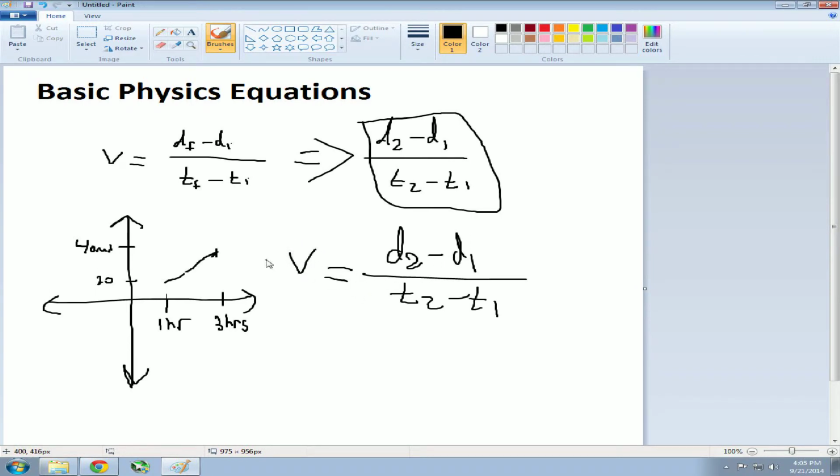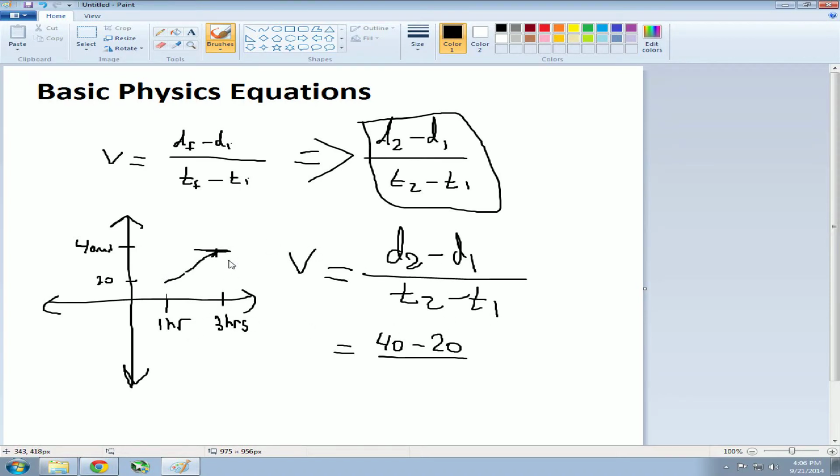The final distance is 40, so d2 is 40. d1 is the initial, and we started timing at 20 miles, so minus 20. Remember, it's always the final distance minus the initial distance.